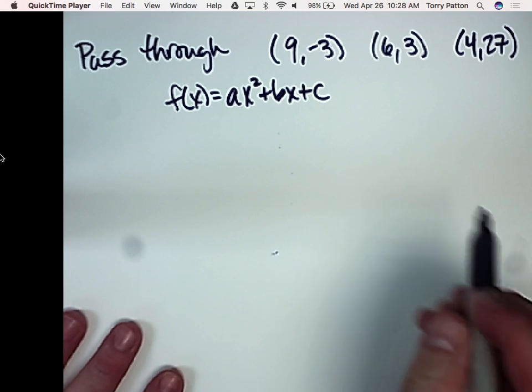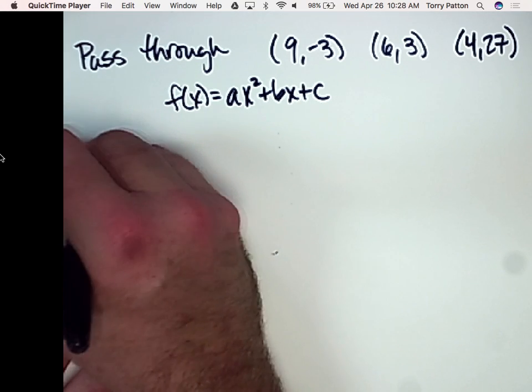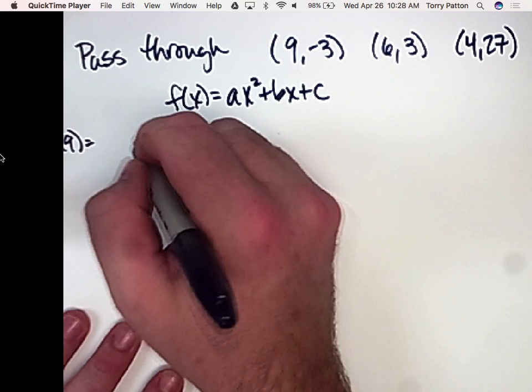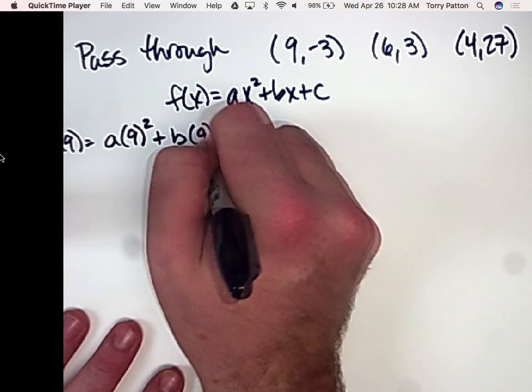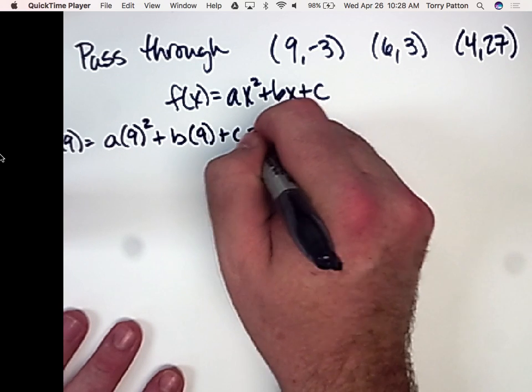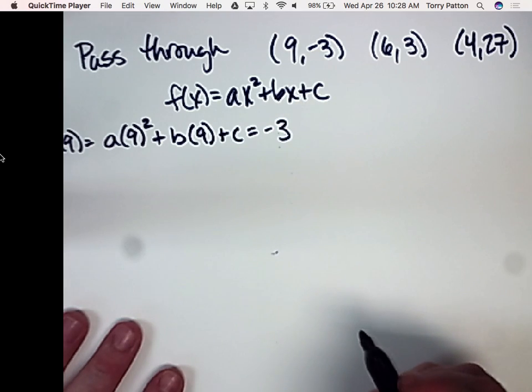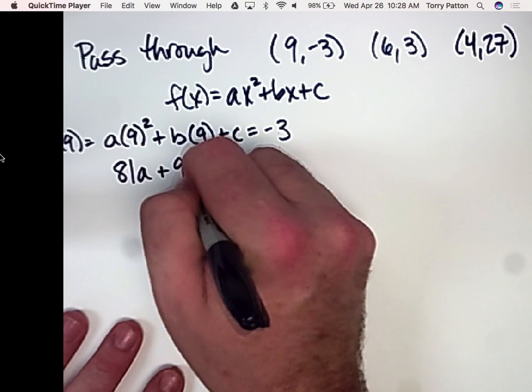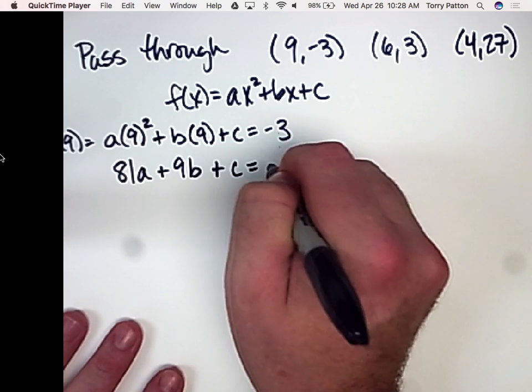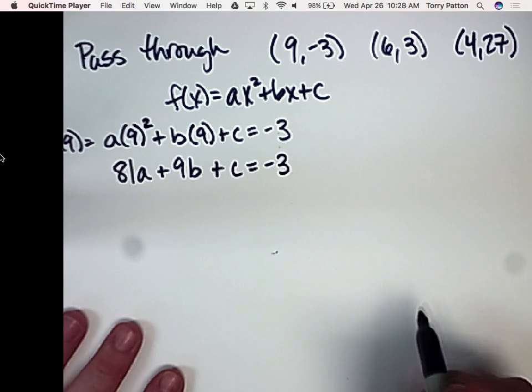So what you're just going to have is the first one, f of 9, which is a times 9 squared plus b times 9 plus c has to equal negative 3, right? So that's 81a plus 9b plus c equals negative 3. That's our first equation.